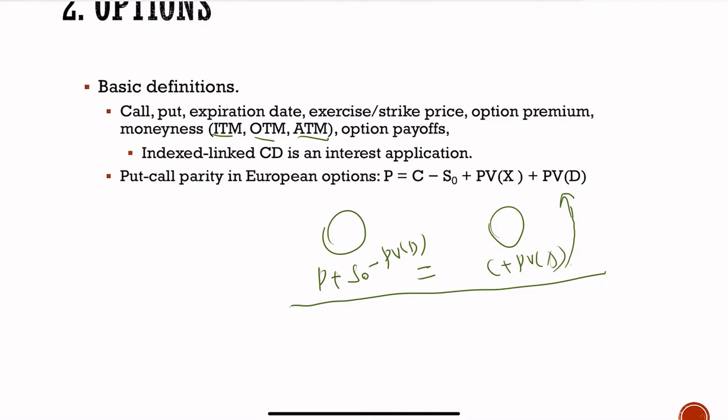The basic idea here is whenever a model is violated, then you will want to short sell the expensive assets, and then you want to buy the underpriced assets, and then you will show that you can actually get some positive profit even if your initial investment was actually zero. So this is the arbitrage profit.